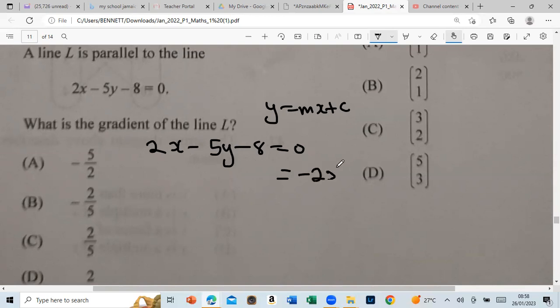Let's add it now one step at a time, guys. Take the inverse of minus 8 plus 2. And then now we are left with negative 5y. Very important. Alright. So now we're going to divide by negative 5. So clearly we can see that this is going to give us 2 over 5. So it's positive 2 over 5.